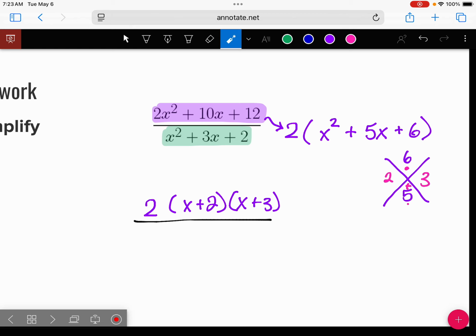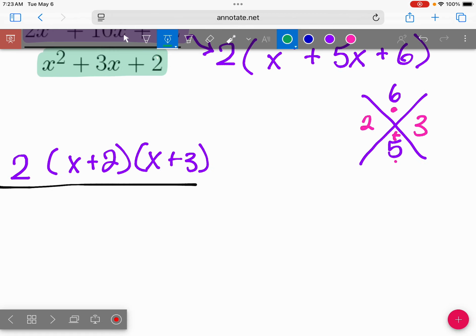All right, so let me do the same thing with our denominator. Factor that thing, see what I can do. So let's take a look at our x squared plus 3x plus 2. Our a times c, 1 times 2, gives us 2. Our b is 3. So we need a pair of numbers that multiplies to make 2 and adds to make 3. What numbers multiply to make 2? 1 and 2.